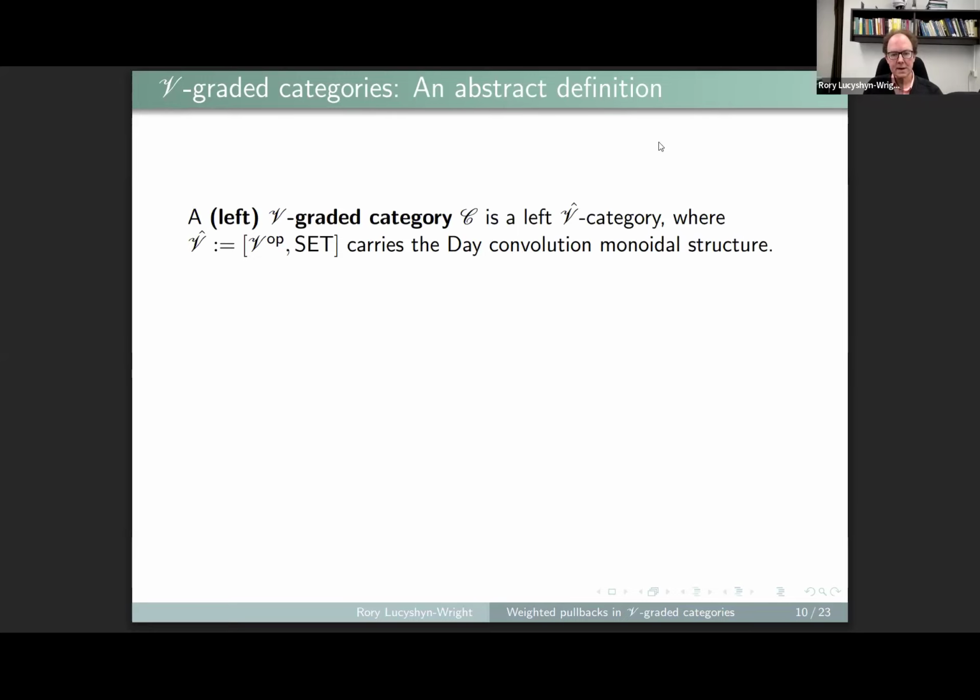A left V-graded category, C, is by definition a left V-hat category for the base of enrichment V-hat obtained in the following way. V-hat, that's the functor category from V up to Set, being here the category of large sets, and we're equipping this functor category with the day convolution monoidal structure. So categories enriched in V-hat, we call them V-graded categories.